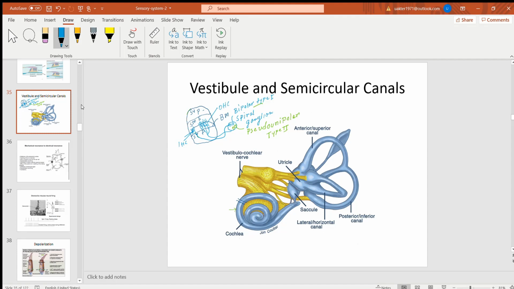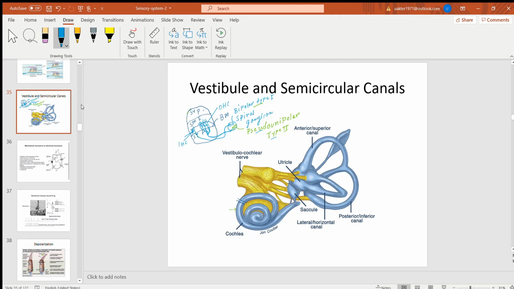So each bipolar neuron receives signal from each individual inner hair cell. Make sense? And for the pseudounipolar type 2 ganglion cells, each ganglion cell receives signal from multiple outer hair cells. So you see here, from multiple outer hair cells, the signal is taken by one fiber to one neuron. So that is the difference.